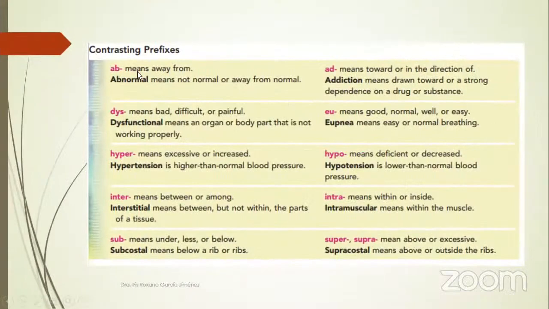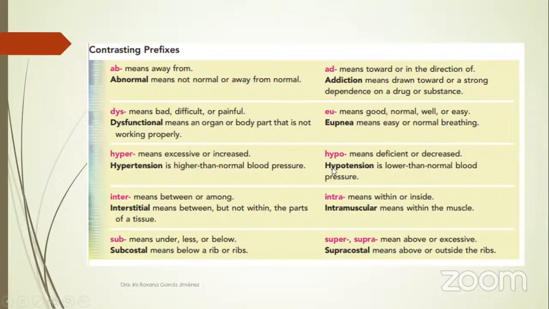About contrasting prefixes, we have the ab, for example, abnormal means away from, and the ad means toward or in direction of. I mean, they are the opposite one to each other. Dys means bad, difficult, or painful, versus eu means good, normal, well, or easy.